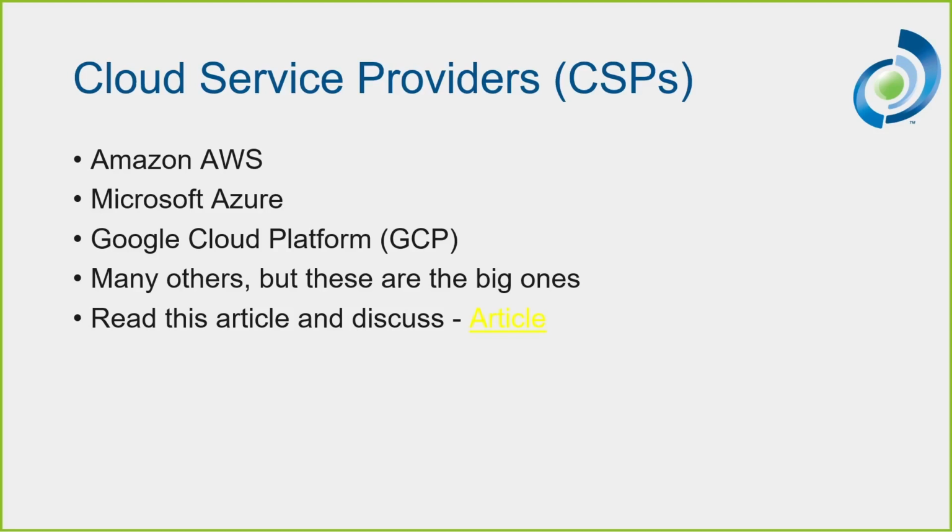We have also just now started introducing our cloud service providers. People refer to these as CSPs. Just as people used to talk about their internet service provider, now there's the cloud service provider. You're going to hear me talk about four most of the time.